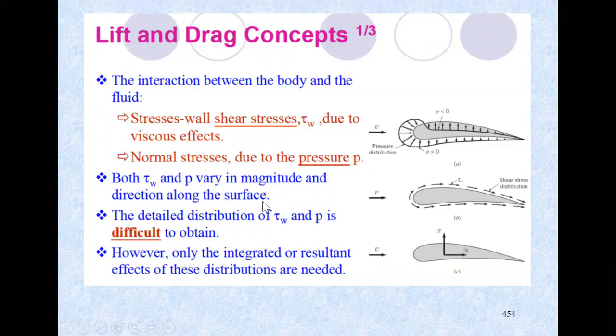Although it sounds simple, it's actually really difficult to determine each of the pressure stress and the shear stress. So what we usually measure is the resultant of those two forces, whether we have a lift or a drag, and its direction. We only have the resultant.